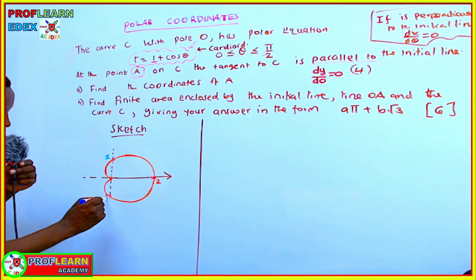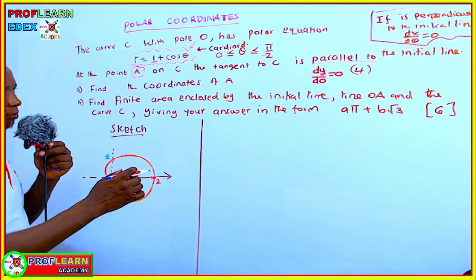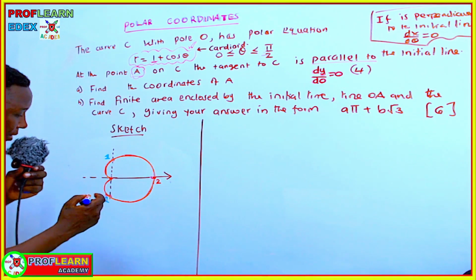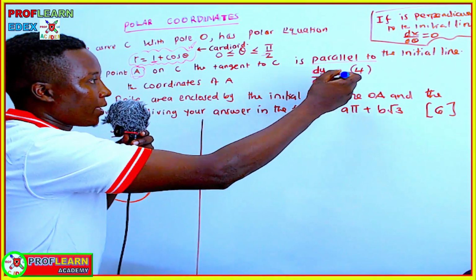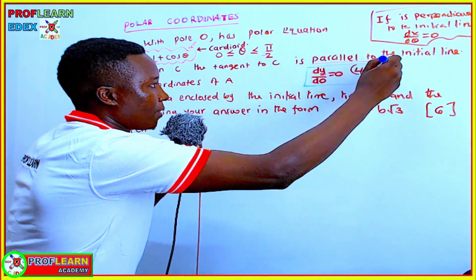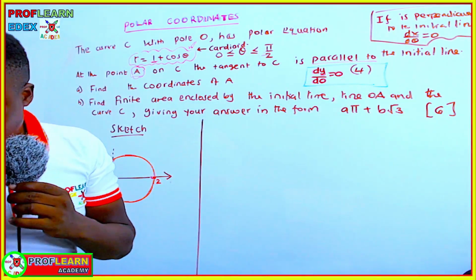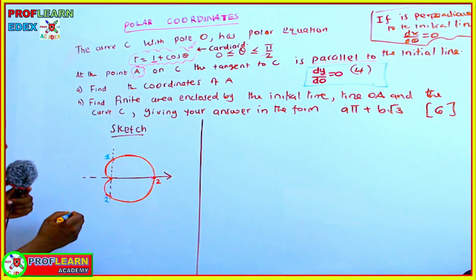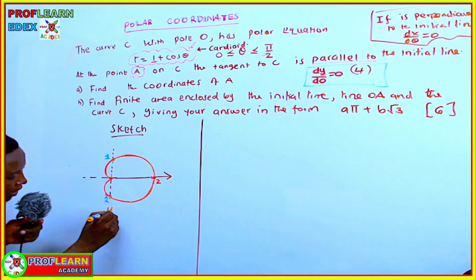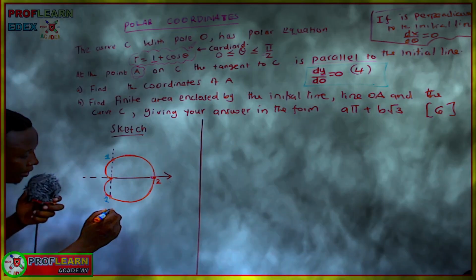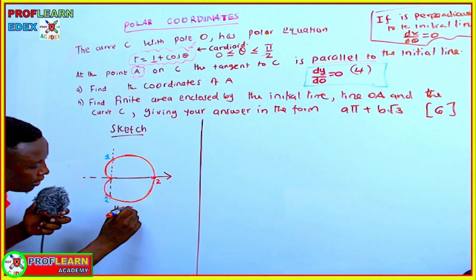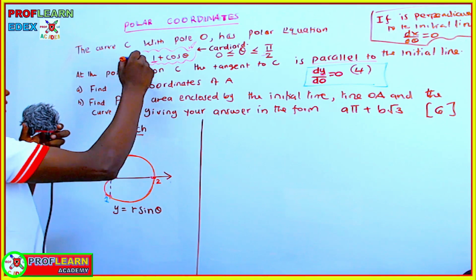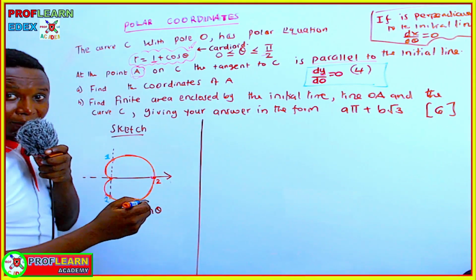So if we are going to work out the coordinate A, we must set this dy/d theta equals 0. But we have to find y first. y is usually r sine theta, and in this case r is equal to 1 plus cos theta at this given point.